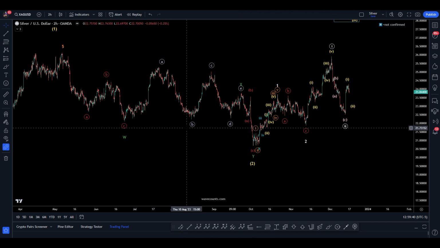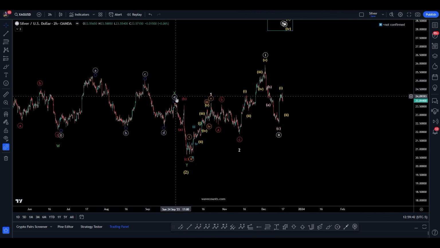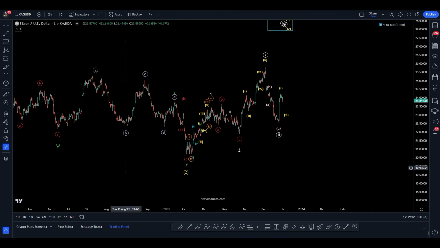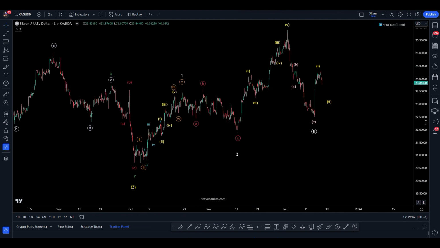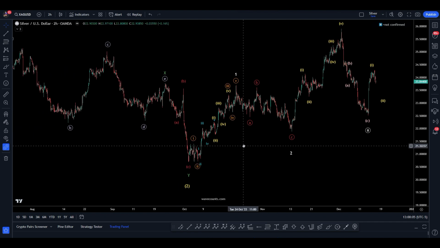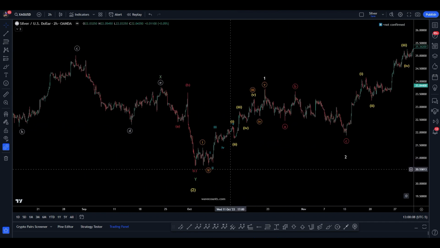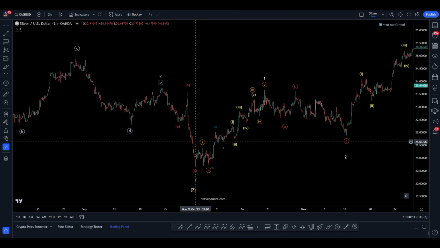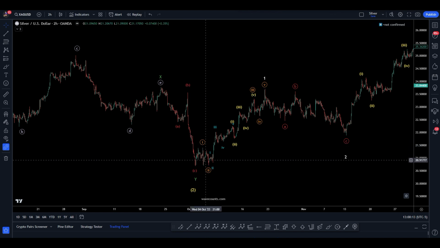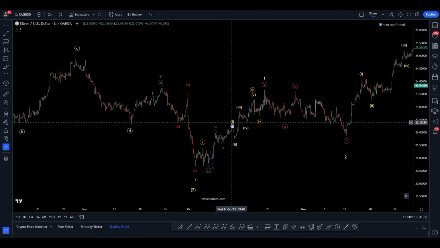Triangle for X, and a simple zigzag for Y. You have 1, 2, and then you have one extension, sorry.